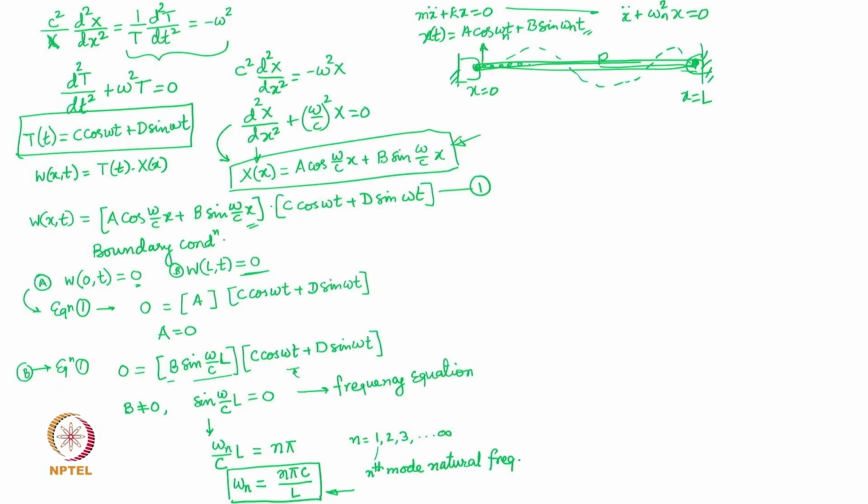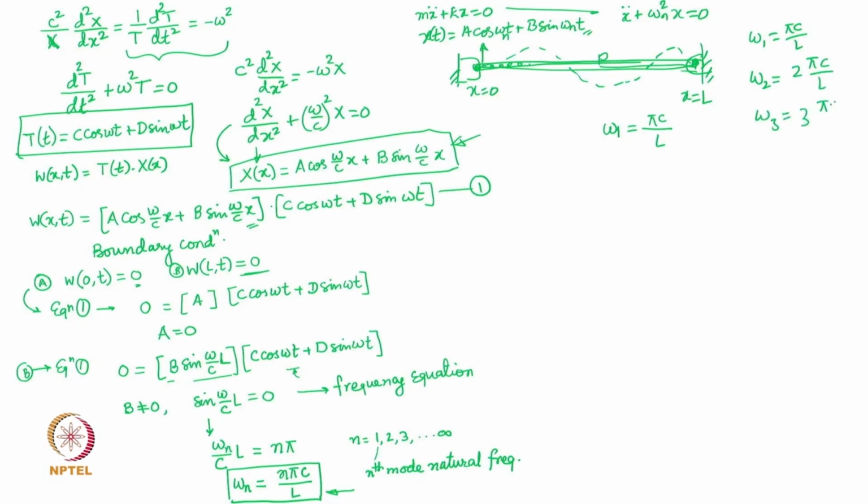So that is the natural frequency expression that you have got. Another very interesting part of this expression that we should note is that your first or fundamental natural frequency is pi c over L. So omega 1 is pi c over L. What is the second natural frequency? It is 2 pi c over L. What is the third natural frequency?